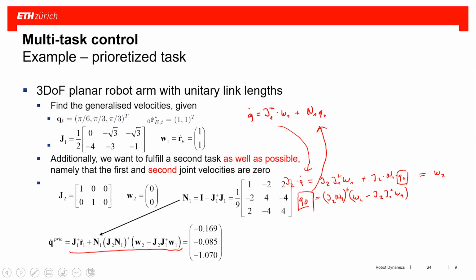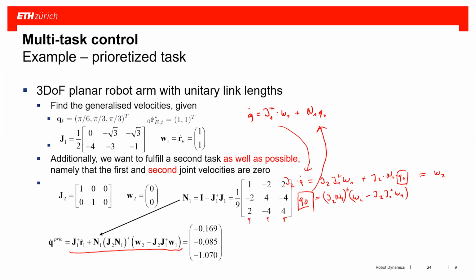The N1 here can be calculated directly by I minus J plus J. What this will give you is a matrix which has the same dimensionality as your number of columns in your J. But if you look at this null space projection matrix, we see we have 3 columns.